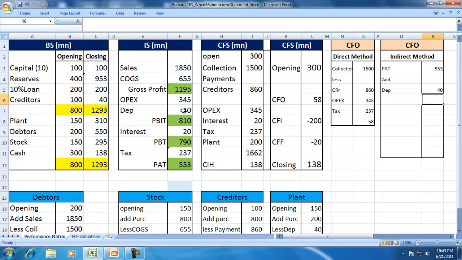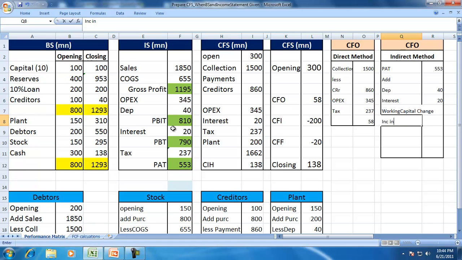The depreciation is 40, which is non-cash. Interest is non-operating. I add them back. Then working capital changes, and working capital changes means debtors. You can see the increase in debtors.